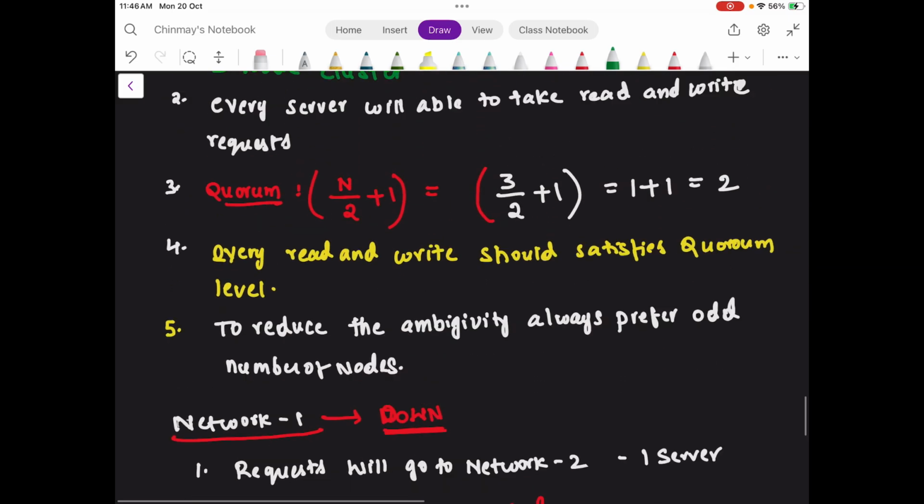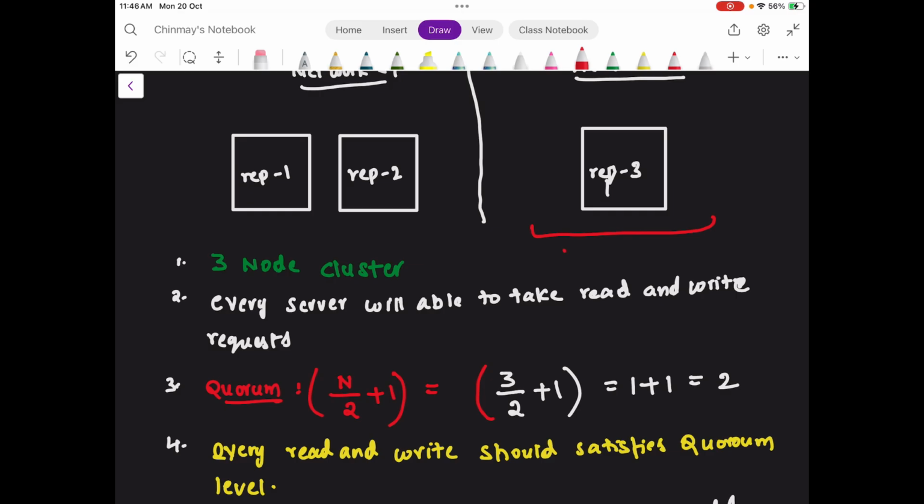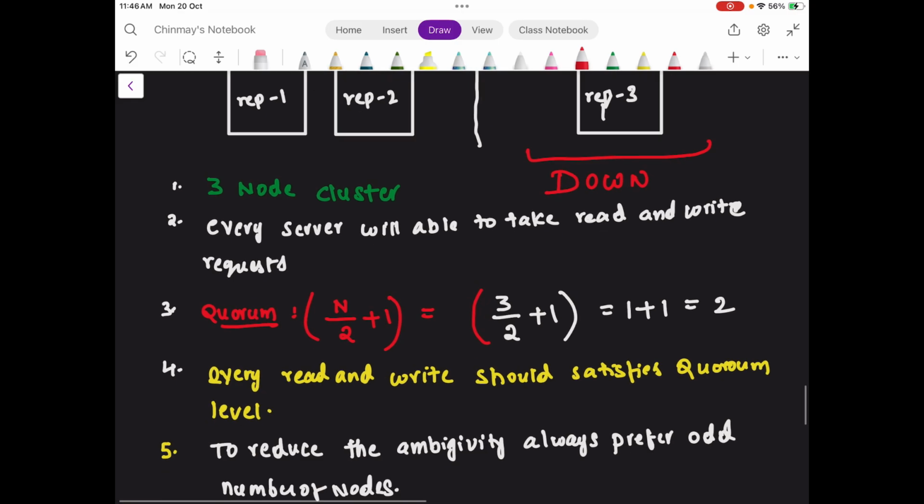Let's assume that network 2 is down. Let's discuss this case.